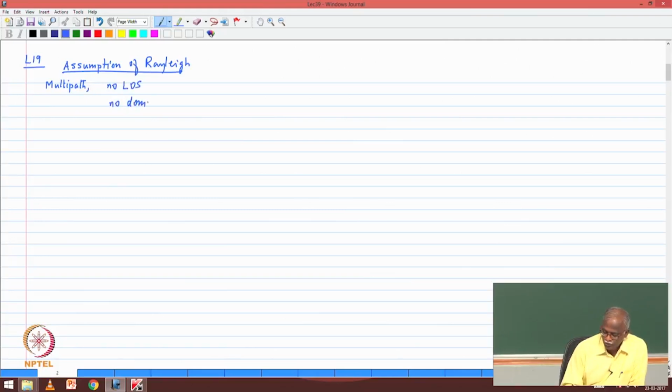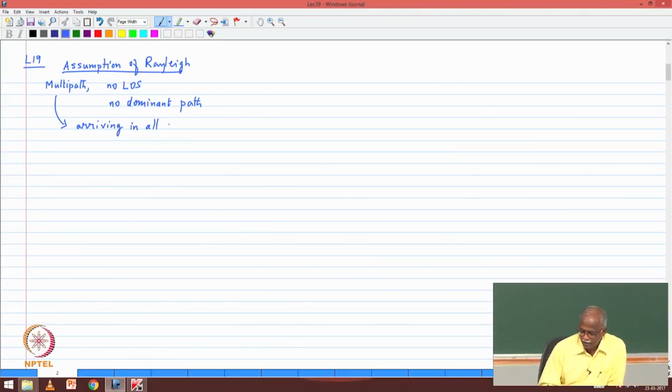That is also part of the model. And the multipath components are arriving in all directions. I believe these are the essential assumptions that we have made, and based on which we have obtained the properties of Rayleigh fading.